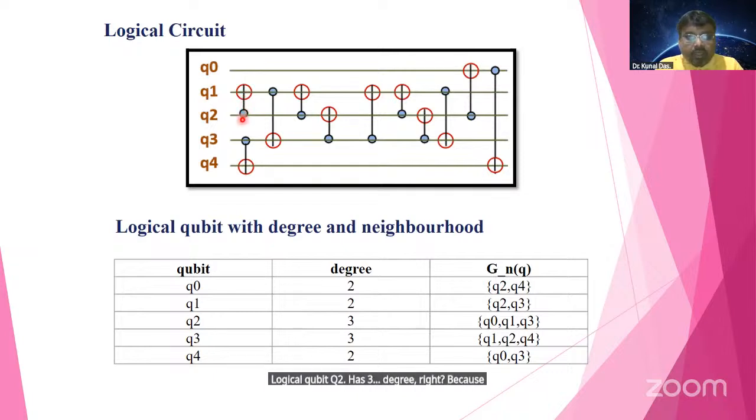Because it is working with Q1, Q3, and Q0. So Q2 and Q3 now need to be placed where? In the physical, right? So this is the logical qubits with degree and neighborhoods.